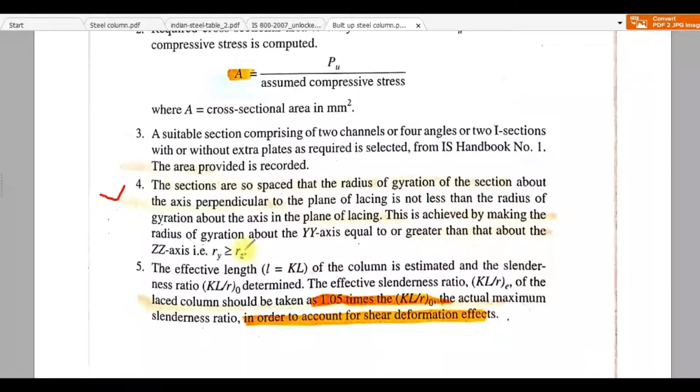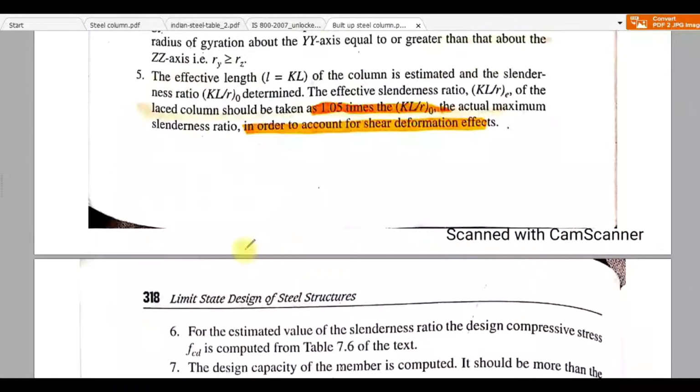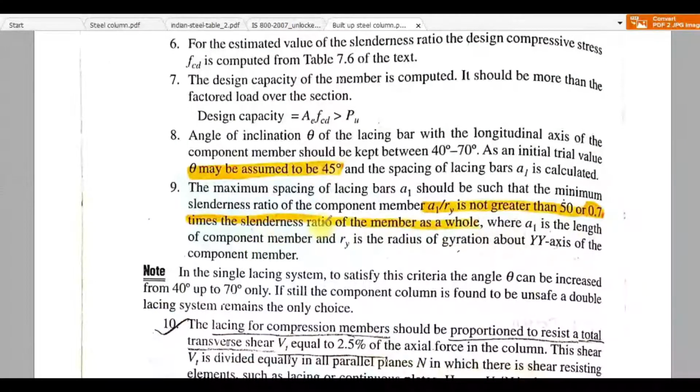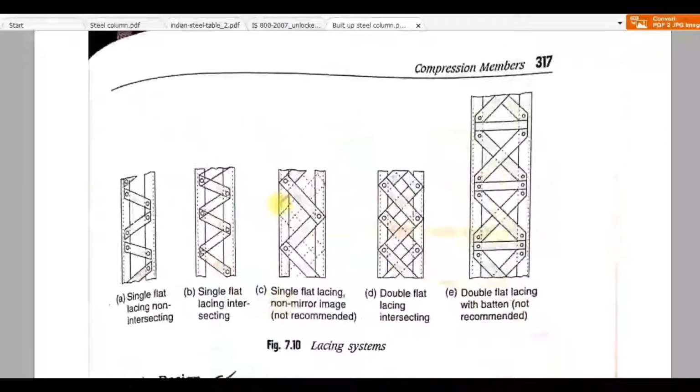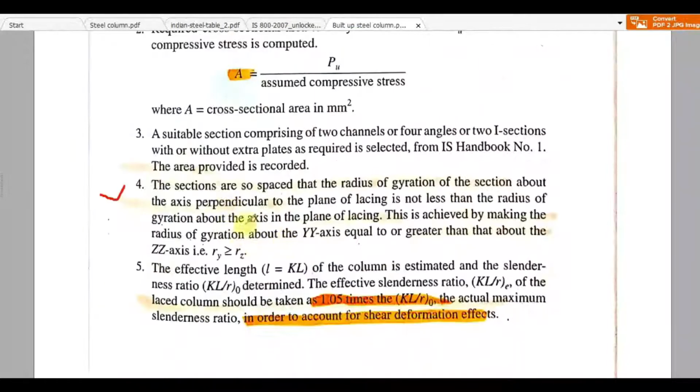In such a way we should place these two channel sections. From that you can find the spacing between these two channel sections. So this is one section, this is the other section, and this is the spacing between them. This spacing can be found by equating the moments of inertia about the y and z axes.